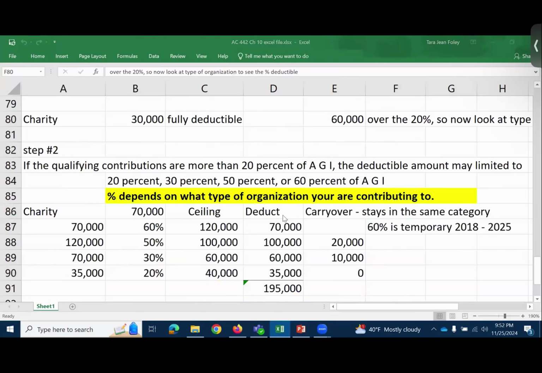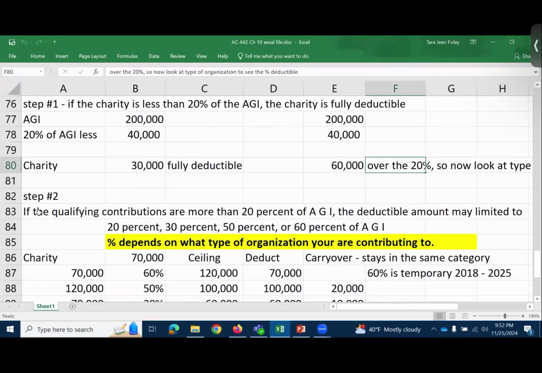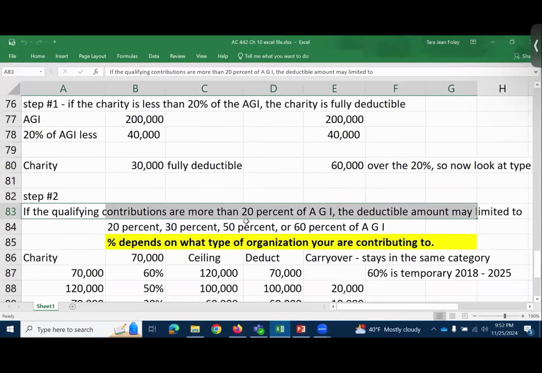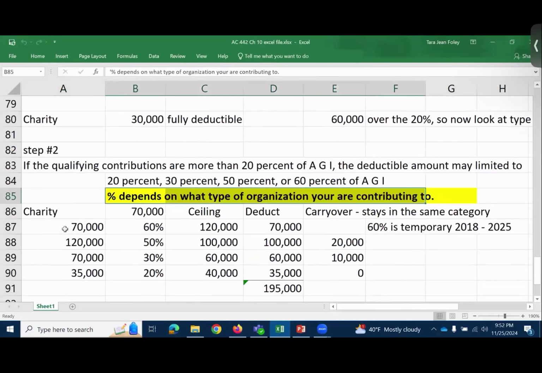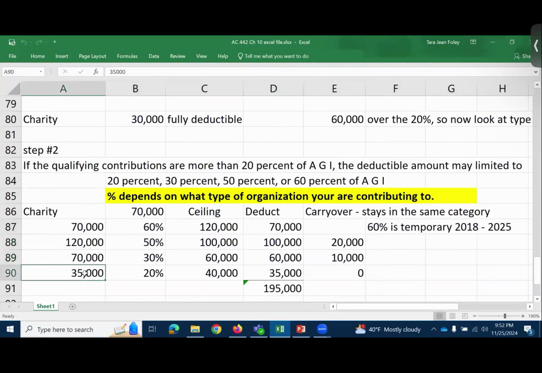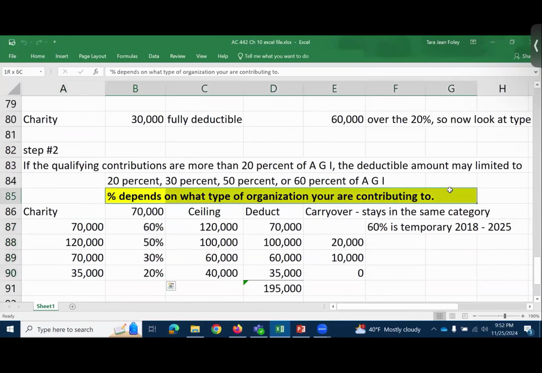If it's more than 20%, it's limited to 20, 30, 50, or 60%. The percentage depends on what type of organization you're contributing to. So let's say I contributed $70,000 to this type of charity, $120,000 to this type, $70,000 to this type, and $35,000 to this type. So what's my ceiling?